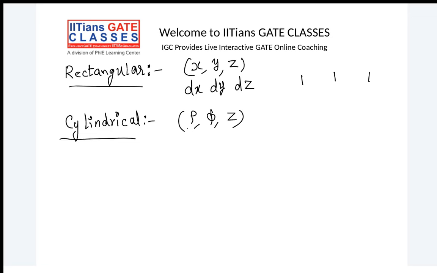So please tell me the change in rho, phi and z. Whenever we are moving in the rho direction, what is the change? Zero. Change in phi? Rho d phi. Change in z? Dz. So what are the multipliers here? 1 and 1. Right.